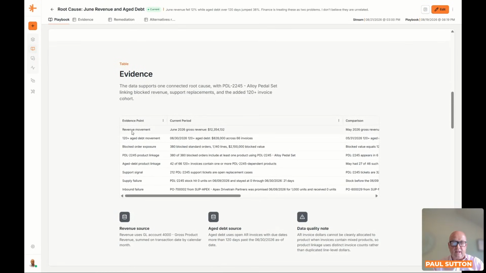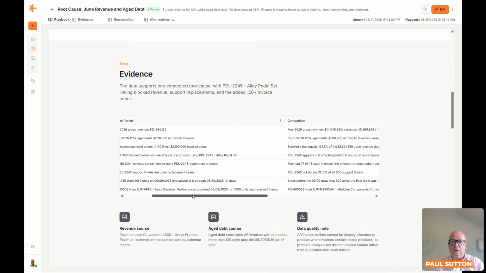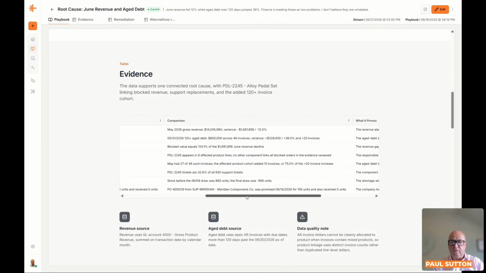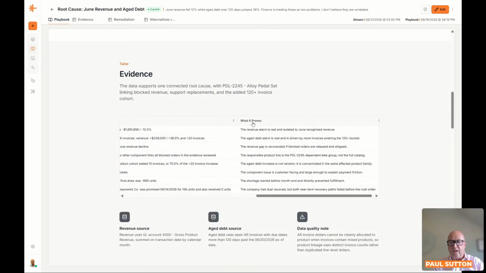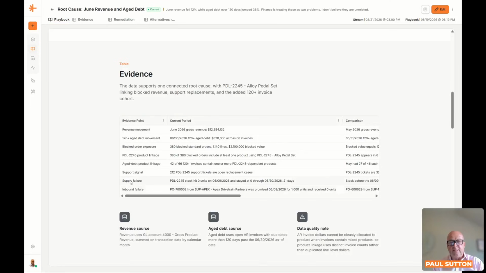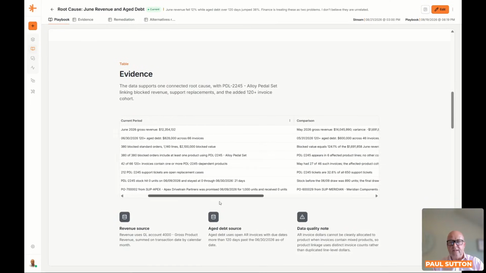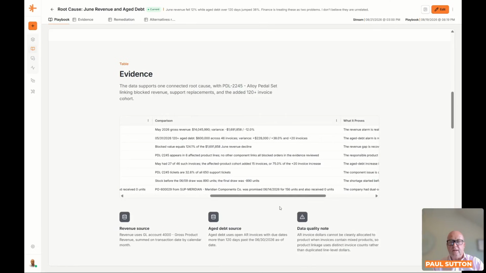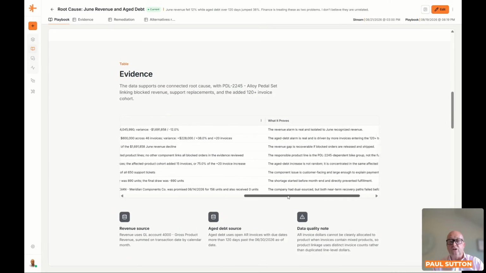The revenue movement, the current period, was down from the previous month, but it's also saying what it proves. It's saying that the revenue alarm is isolated. It's not systemic. It's just due to this one event. If we look down at the bottom, it's saying the primary cause here is the supply failure, that we went out of stock at a particular time in the month and couldn't deliver.